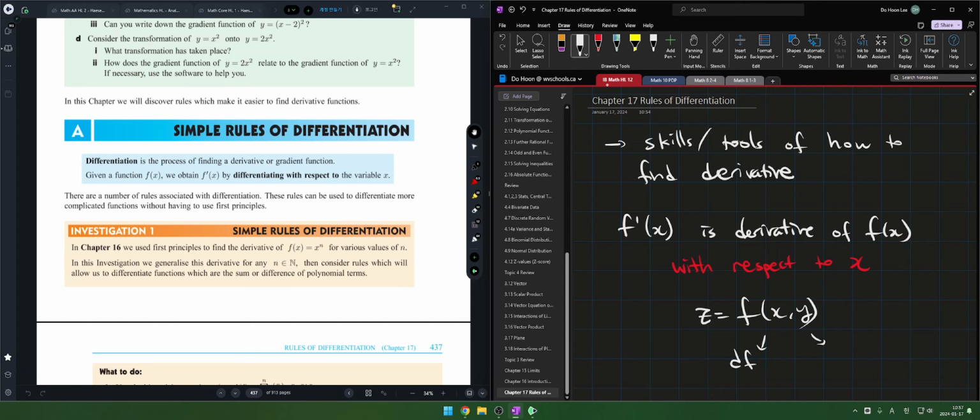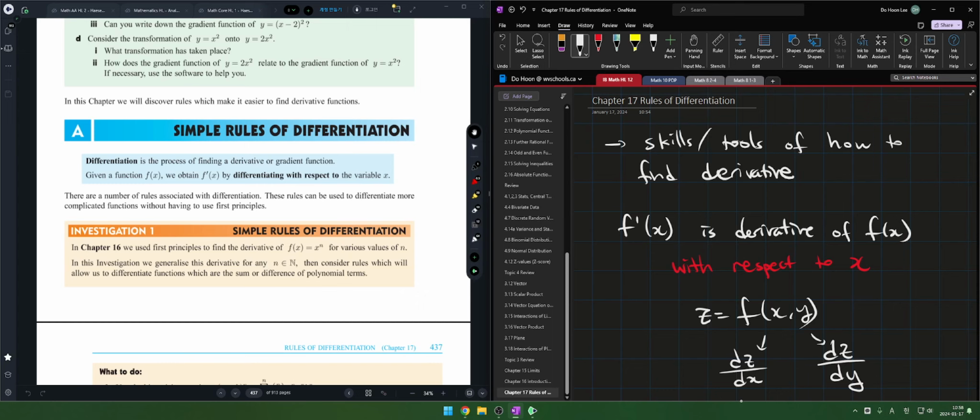Take this d of f or d of z divided by dx, or dz over dx. That means that we're differentiating with respect to x. We can also do dz over dy, and it means that it's differentiating with respect to y. So it's very important that we understand that we're finding the derivative with respect to a certain variable.